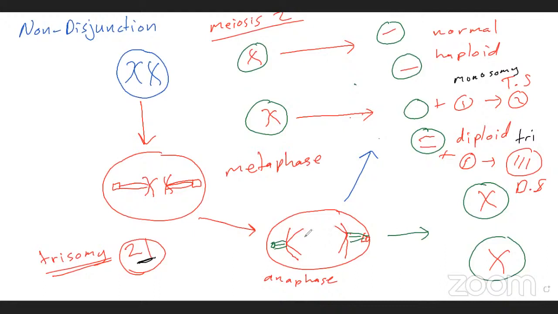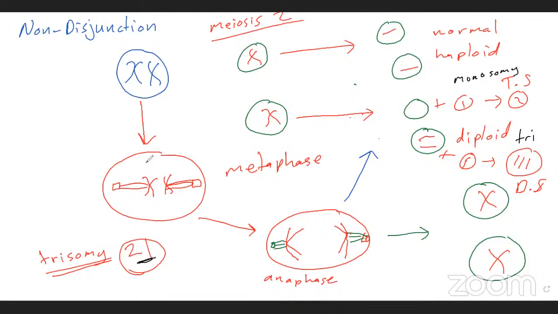They must be pulled to the opposite poles, so they must separate. And what does non-disjunction mean? It means they don't divide in the correct way, so you're not going to separate them.